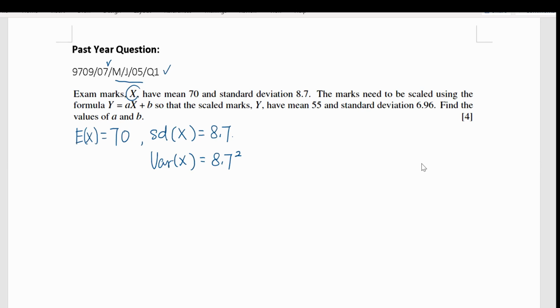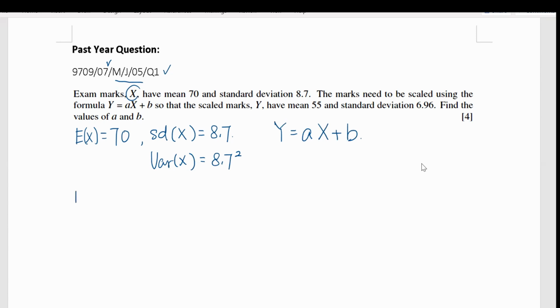Okay, the marks need to be scaled using the formula Y equals aX plus b, so that the scaled marks Y have mean 55 and standard deviation 6.96. You are requested to find the values of a and b.